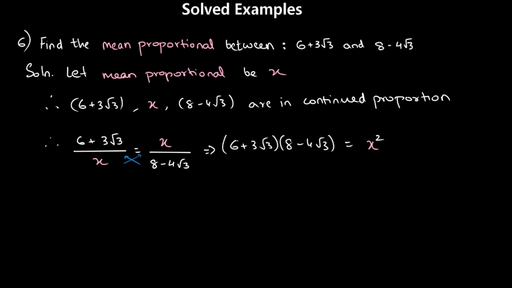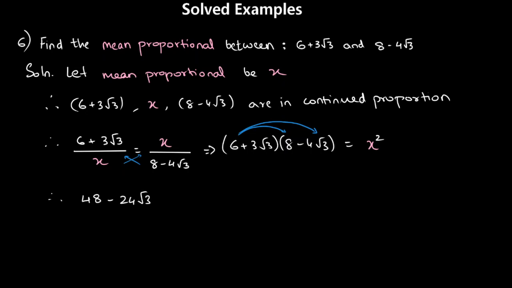Now I have to simplify this term on my left hand side. All I need to do is multiply them distributively. So the 6 will get multiplied by both 8 and minus 4 root 3. So 6 into 8 is 48, and 6 into minus 4 root 3 will make it minus 24 root 3.